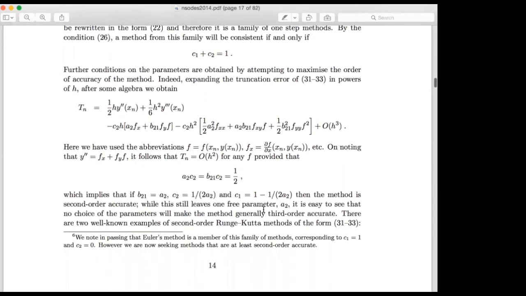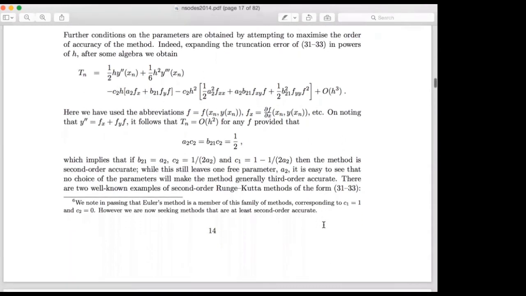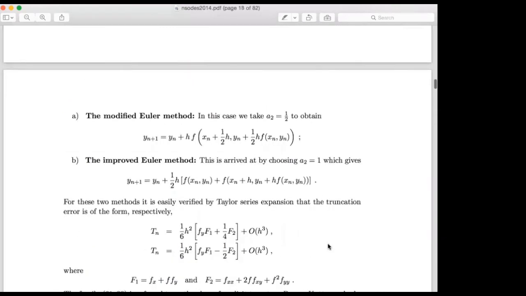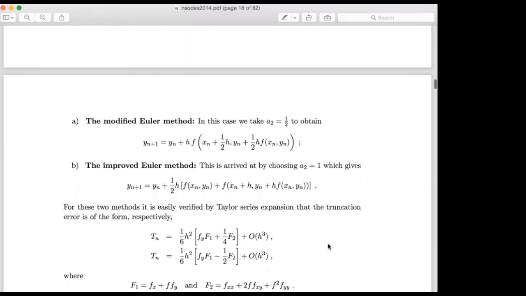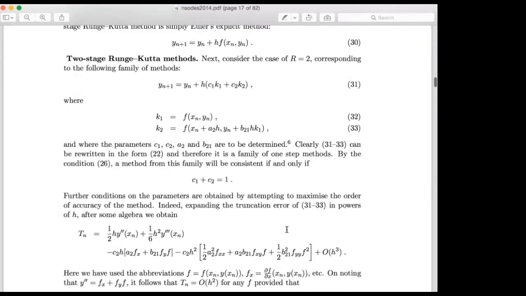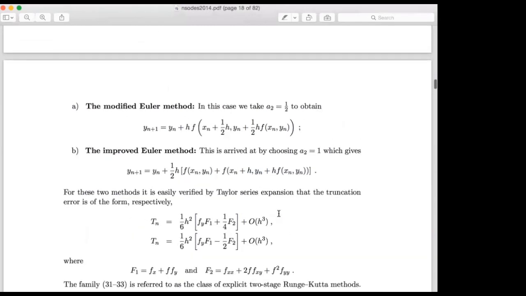So they are able to fix these parameters. Then the method is second order, and of course it is a second order convergent method. And you see that in this 2-stage RK method, they keep one parameter, A2.